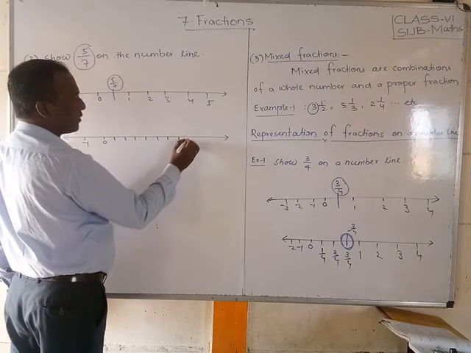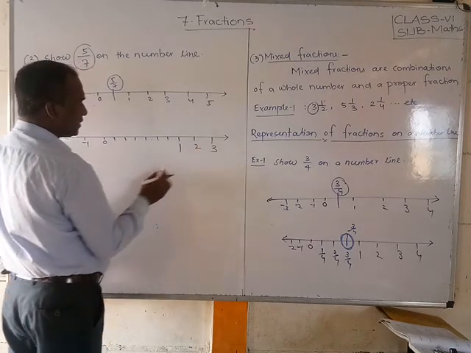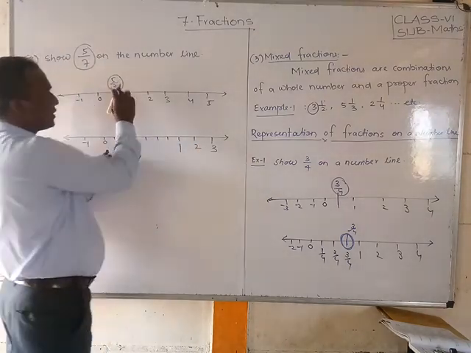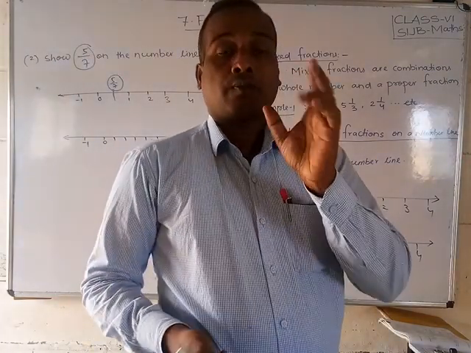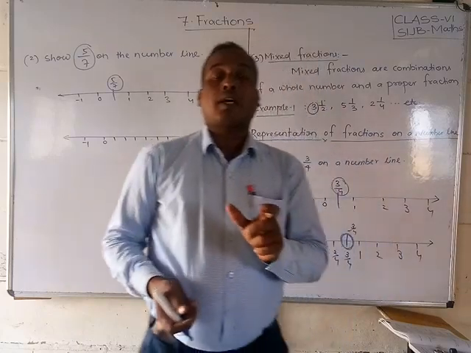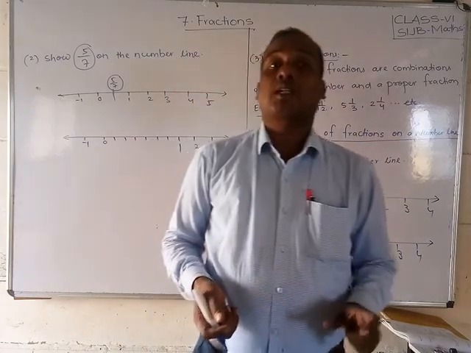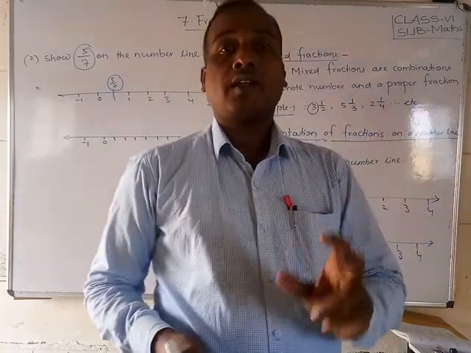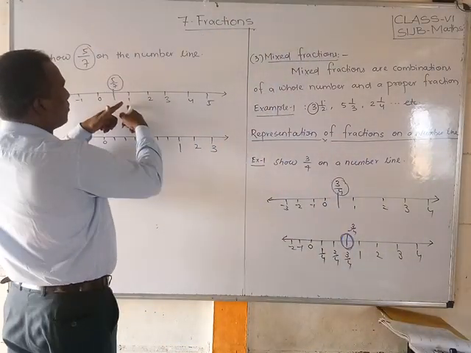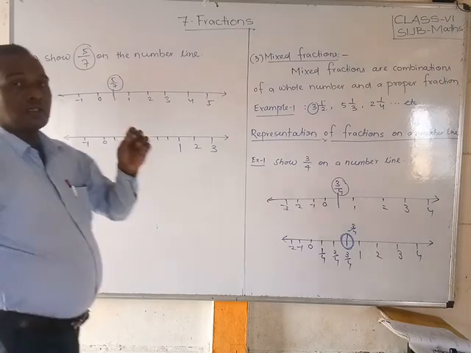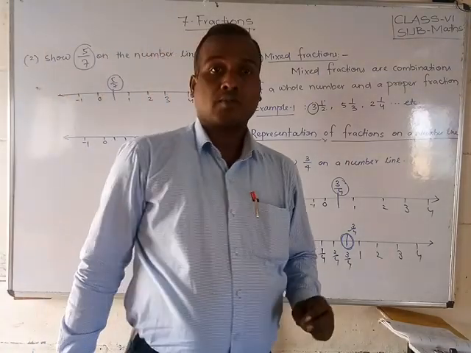That means between 0 and 1, 7 parts. Remember, students, between two whole numbers there are infinite fraction numbers. Between 0 and 1, or 1 and 2, infinite fraction numbers are there.